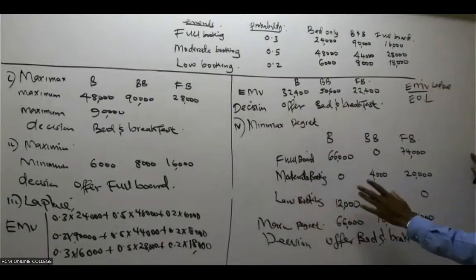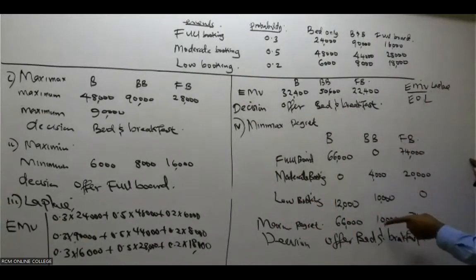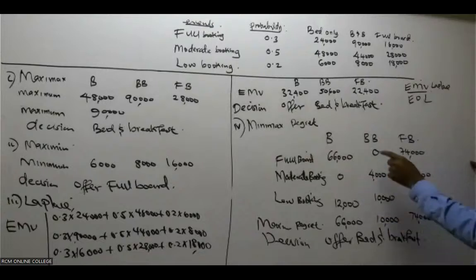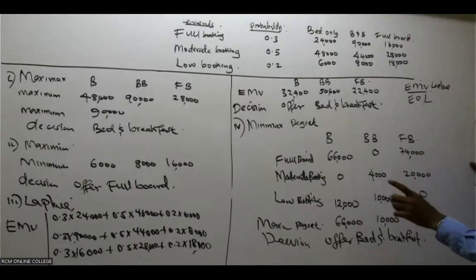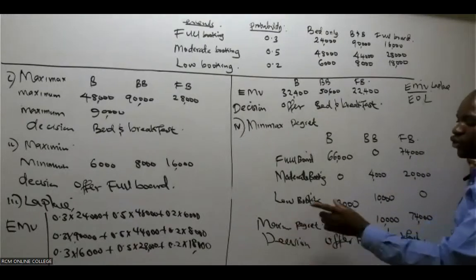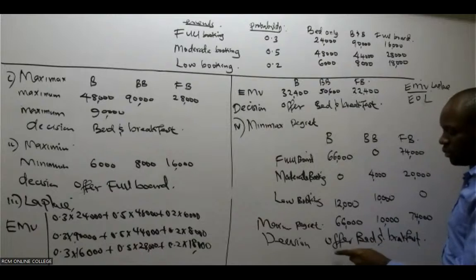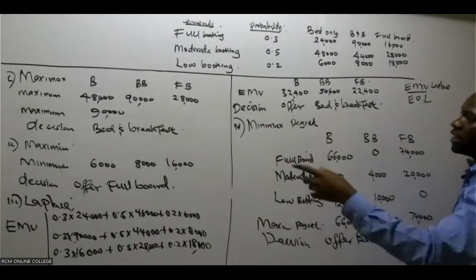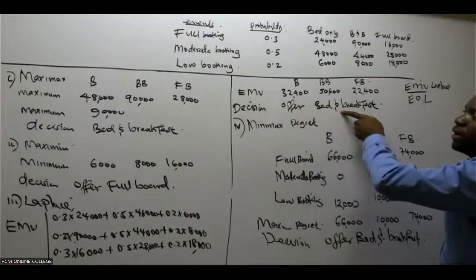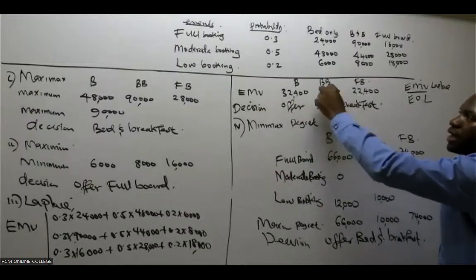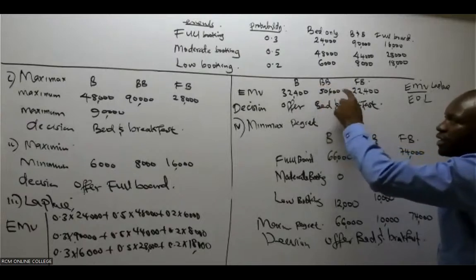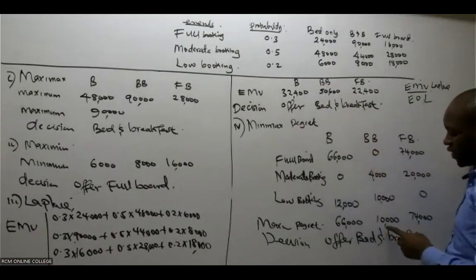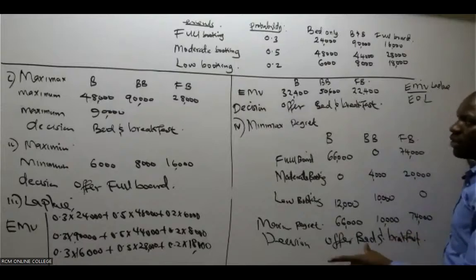Then we see that the one which will make us lose the lowest amount of money is bed and breakfast. So the two are similar, since whatever minimizes our loss, that is bed and breakfast, is also what maximizes our profit. It maximizes our profit to the highest figure of 5,600. It minimizes our losses to 10,000. So that's why we are calling the two similar.